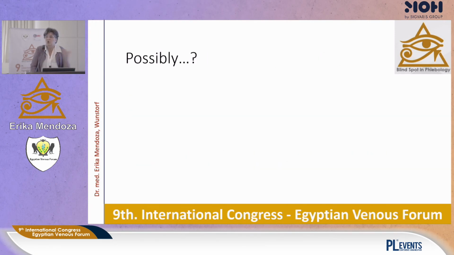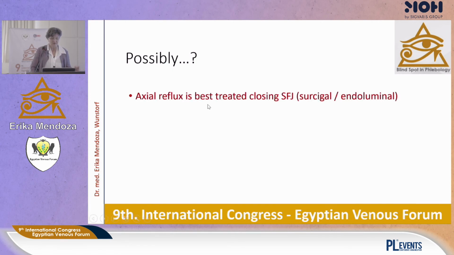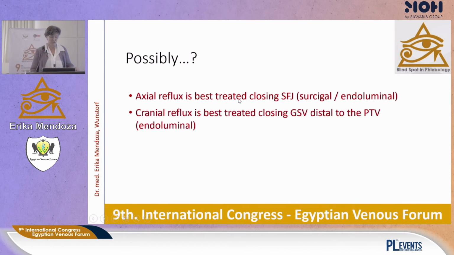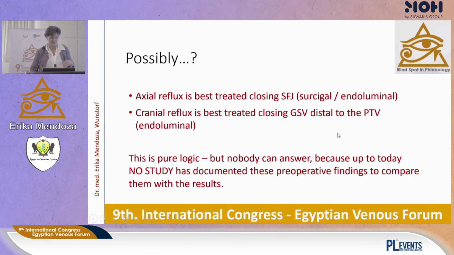So this is all possible because axial reflux possibly is best treated closing the saphenofemoral junction. Cranial reflux is possibly best treated closing the great saphenous vein distal to the preterminal valve. This is pure logic, but nobody can answer the question because up to date no study has documented these preoperative findings to compare them with the results.